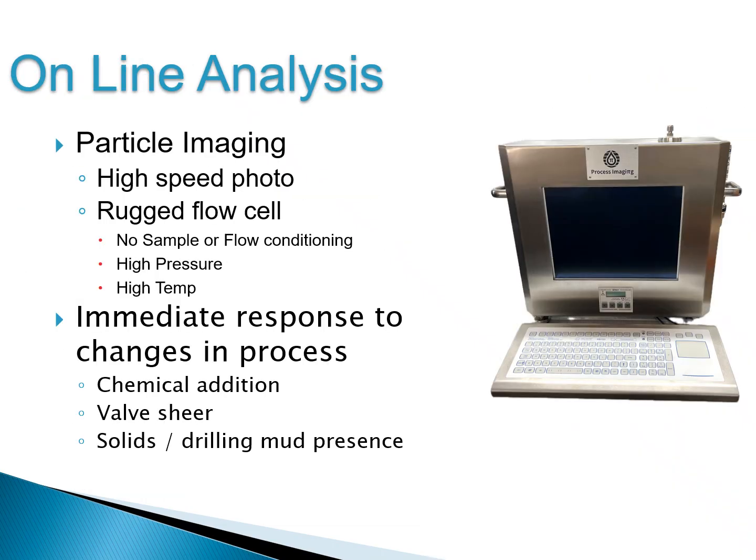A more sophisticated and much more detailed way to measure oil and solid particle size is through an online particle imaging analyzer. These are, in one case, very simple, but also very sophisticated analyzers with an onboard high-speed, high-resolution camera and software. Multiple images of a water sample can be taken.